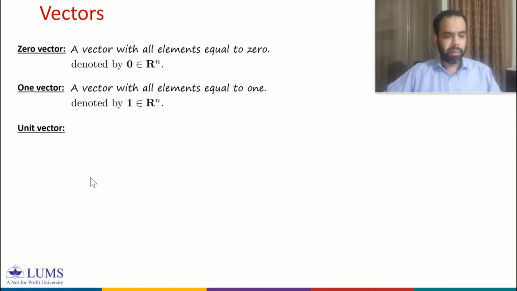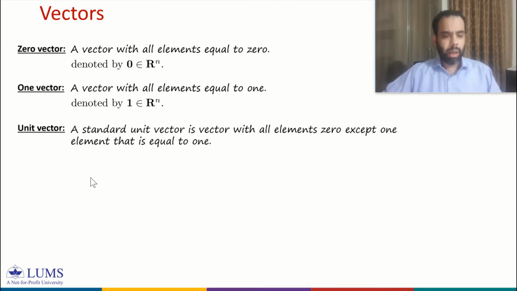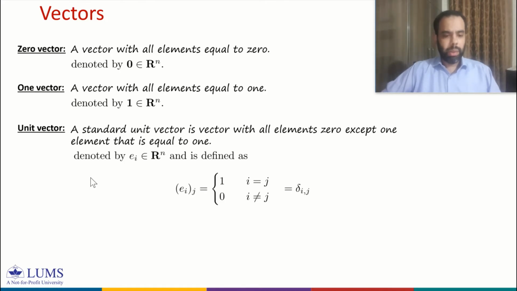We also define the unit vector. In fact, we're going to define the standard unit vector. That is a vector with all elements 0 except one element, and that element is equal to 1. We use a special notation to represent a standard unit vector: ei belongs to Rn.